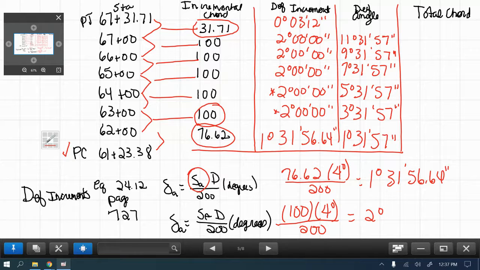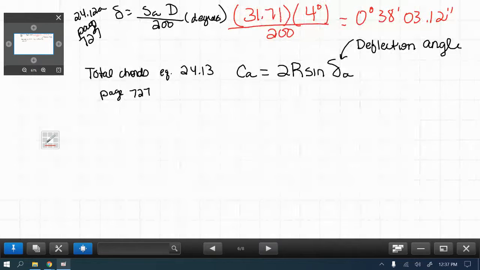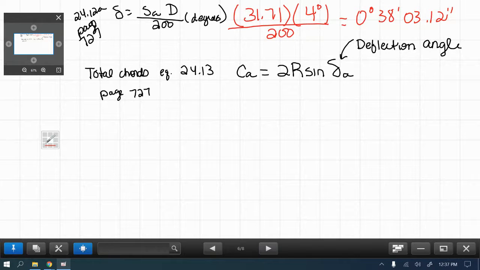So that's good to know. Everything else was good to that point. So let me go back. Or either I added wrong. 31.71 times 4 divided by 200. Okay, so that's right, so I just added wrong.